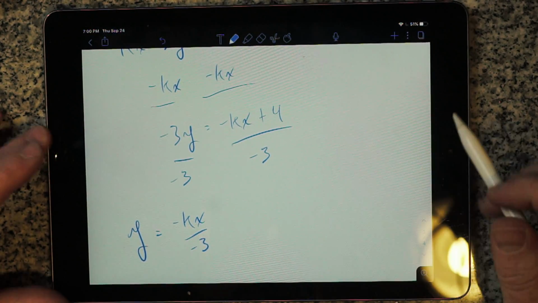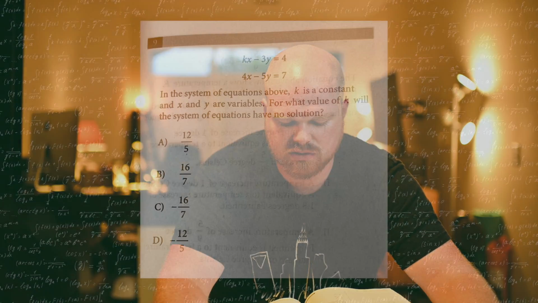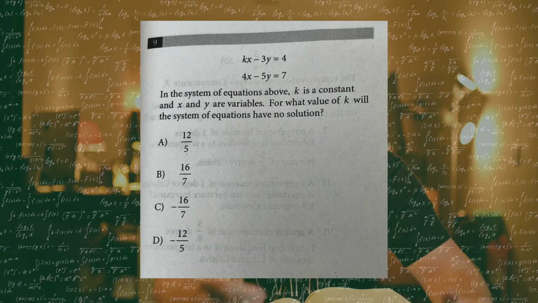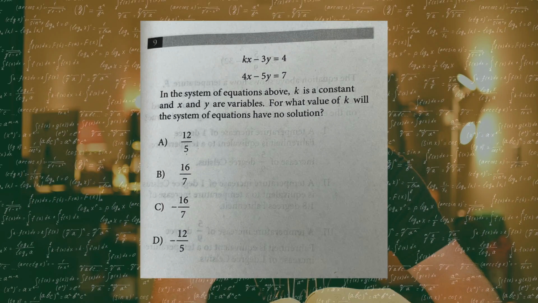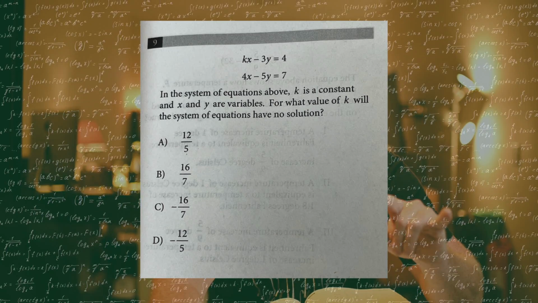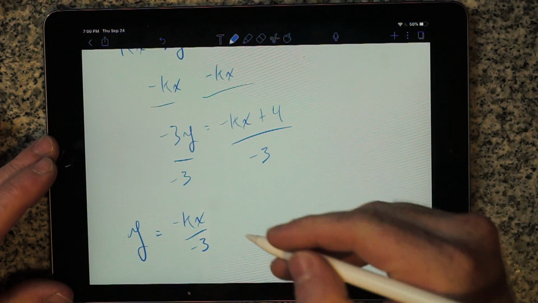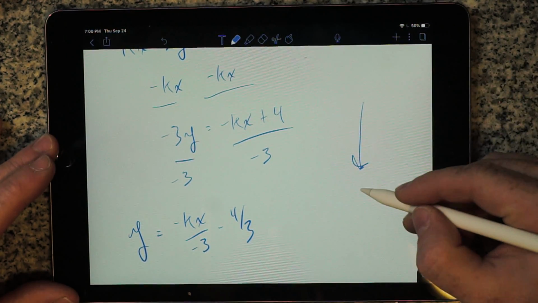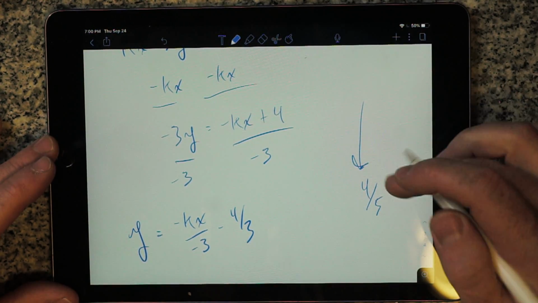I know those would cancel, but you'll see why in a second: some of the answer choices have negatives in them. I want to make sure that we get the right number, because you'll also notice that 2 of the answer choices are the same, just with a different sign. So we need to make sure we nail that sign, right? Do not want to leave it to question on a cancellation or what have you. So we have minus 4/3. That part doesn't really matter. Again, we're trying to end up with a 4/5 slope.